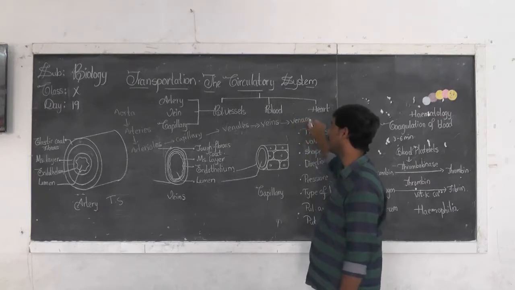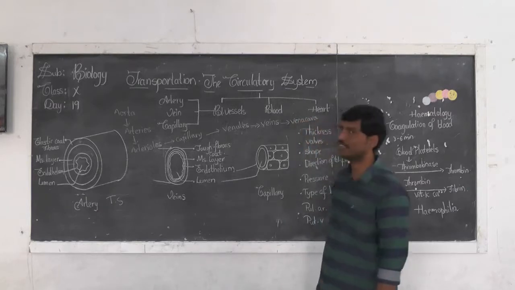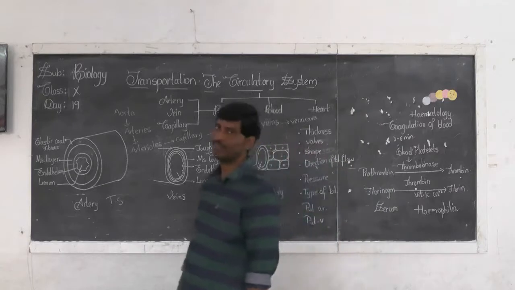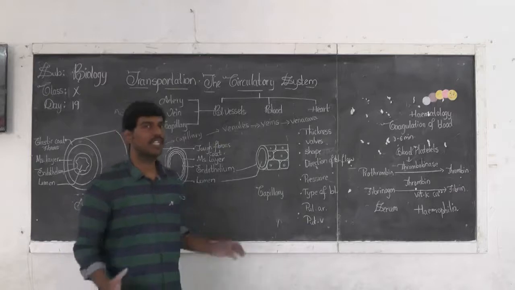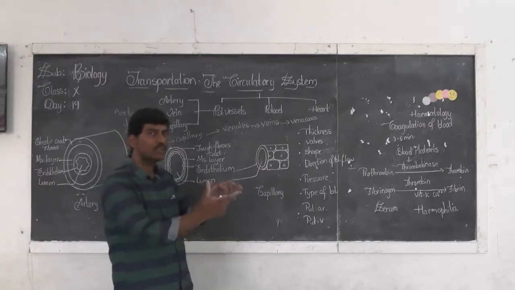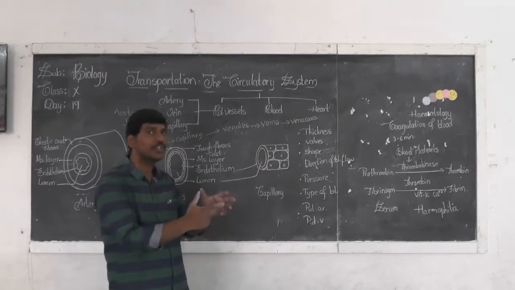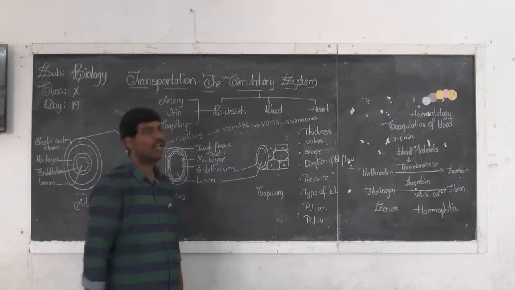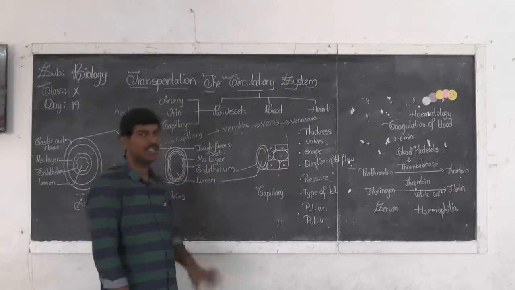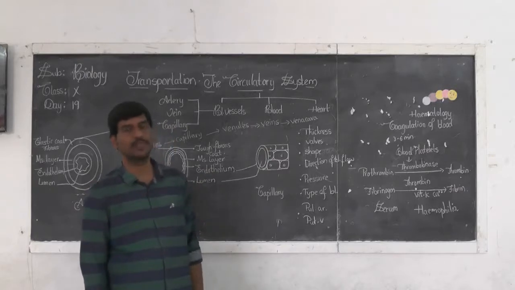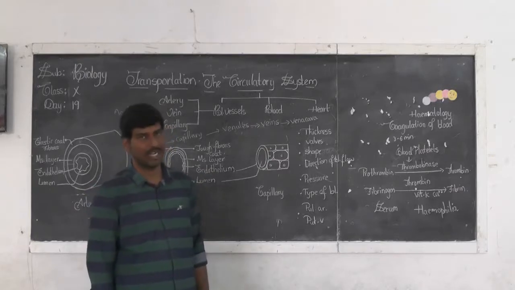We have seen the superior vena cava and the inferior vena cava, right? So venules join to form veins, veins join to form vena cava, and further the vena cava supply the blood to the heart. This is generally how circulation takes place because of these blood vessels.